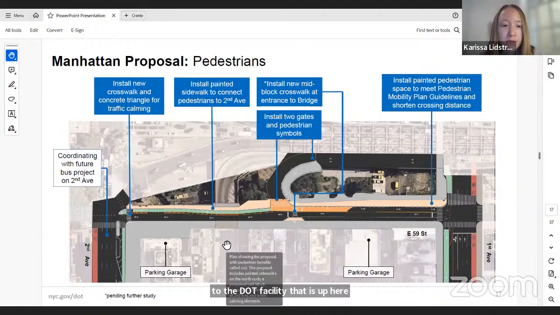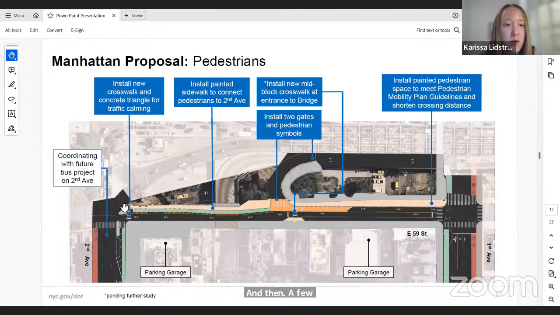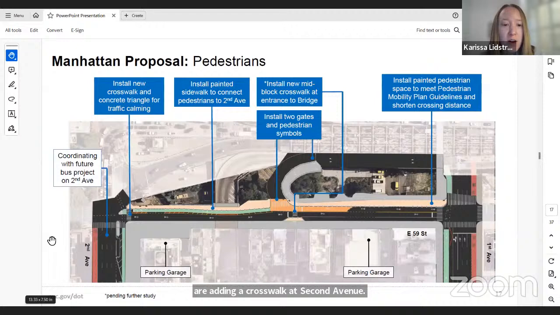And then a few other things that we're looking at doing are adding a crosswalk at 2nd Avenue to connect to the new painted sidewalk, and also adding some traffic calming, since this will be primarily an eastbound route for vehicles. We want to calm the speeds as we're coming into 59th Street by adding things like a small concrete triangle, and then also adding a mid-block painted extension partway through.